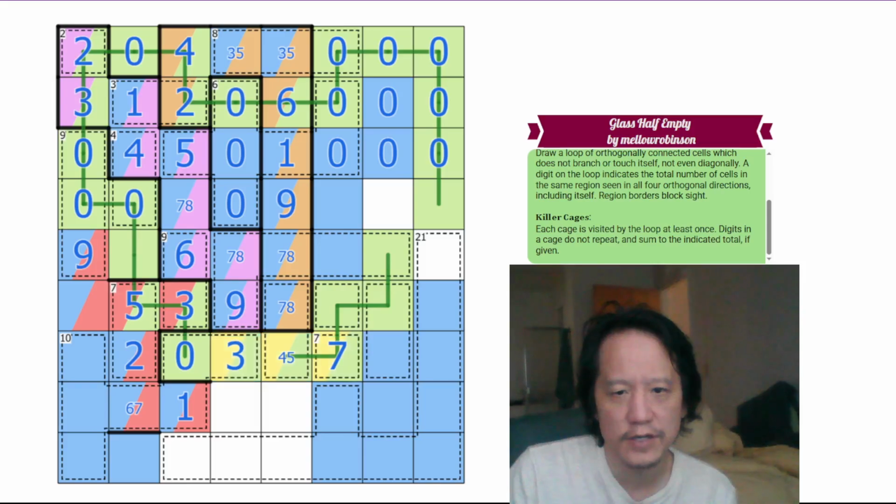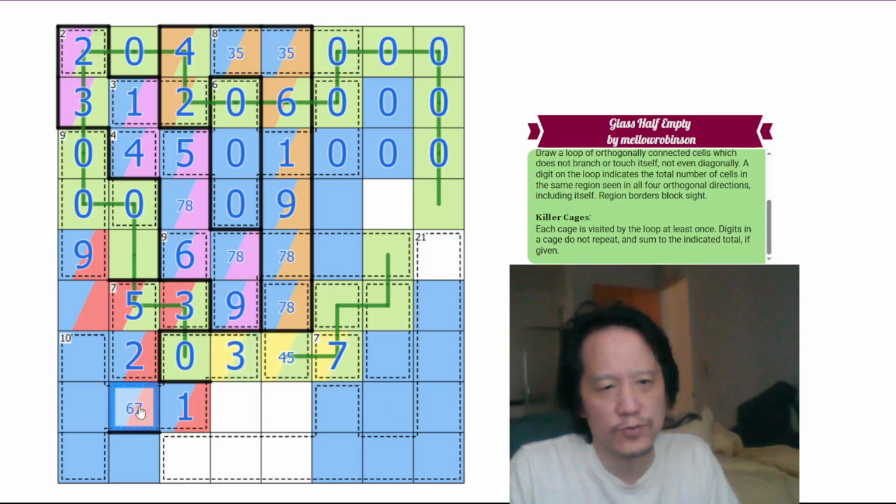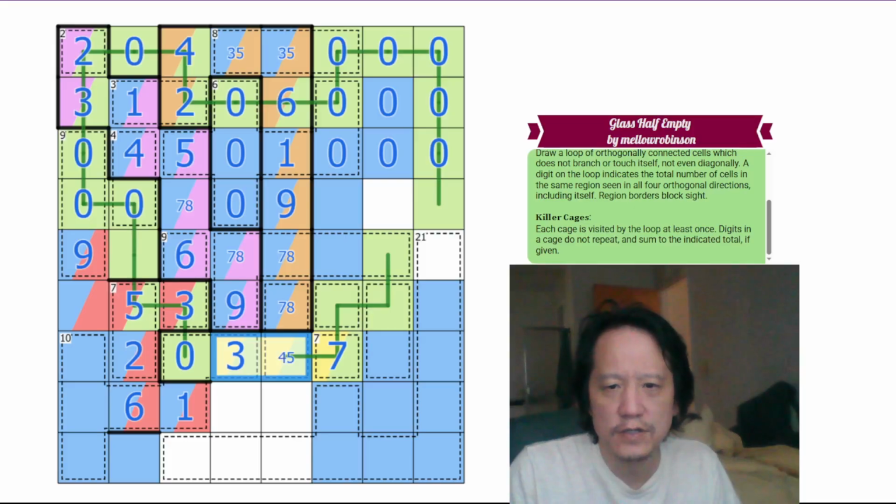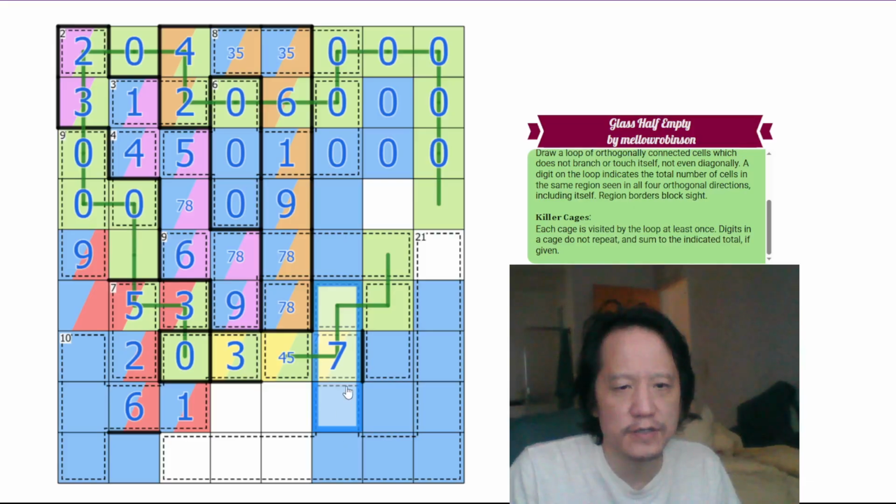This yellow cannot... This is 3, which forces this to be 6. So this sees 3. That means this is a boundary. And this must be a boundary. So this must go at least 1, 2, 3, 4, 5, 6, 7.